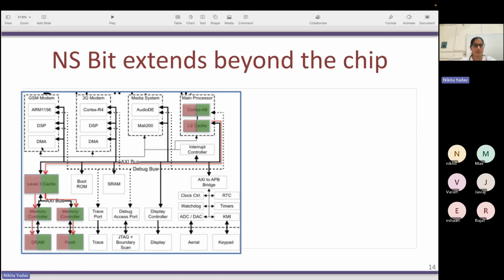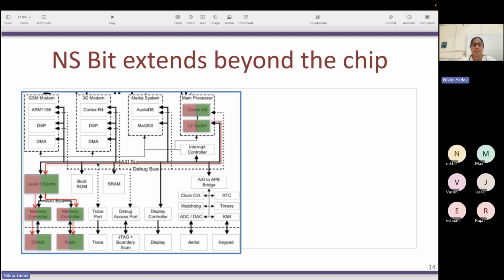As we saw here, the NS bit extends beyond the chip. The NS bit value is propagated to all of the components, and all of the components are going to enforce this isolation between the normal world memory and the secure world memory.